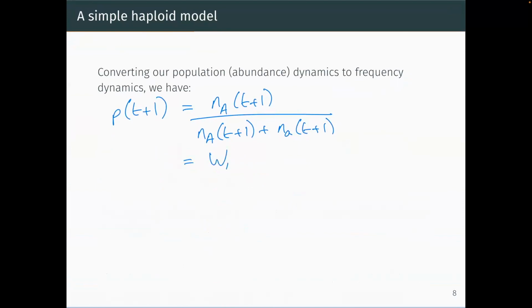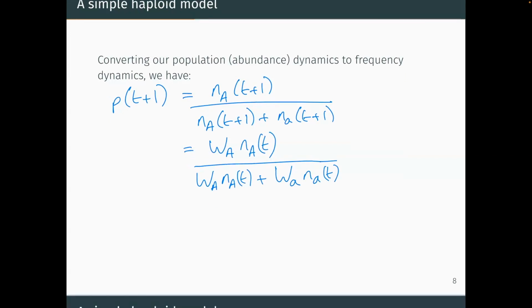So we're going to have W sub capital A times n_A in generation t. And then similarly on the bottom, same again. And then equivalently, W sub little a is the fitness of our other allele times the number of individuals with that allele in generation t. So what I've done there is I've just substituted in the equations that we had for our abundance in the next generation.